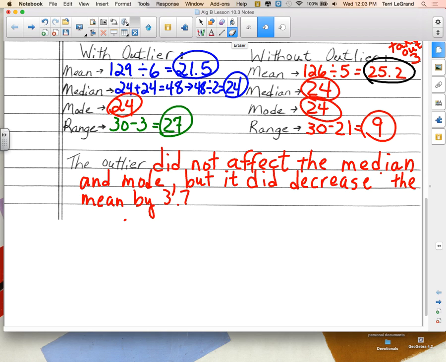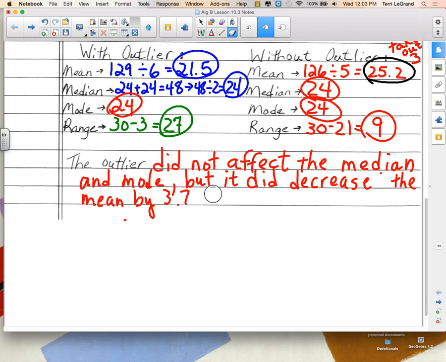Go ahead, Isaac. Didn't it? No, with the outlier in it. Here's the outlier. The outlier was in it. It decreased the mean, it made the mean lower by 3.7. So having it in there makes the mean 3.7 lower.